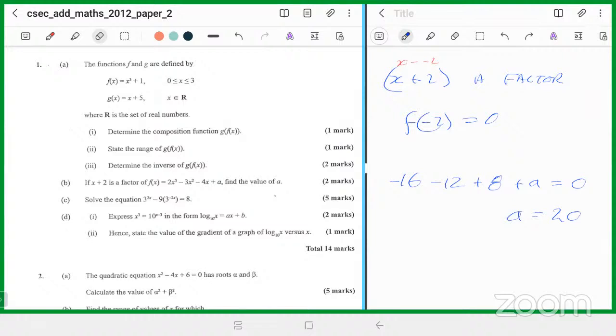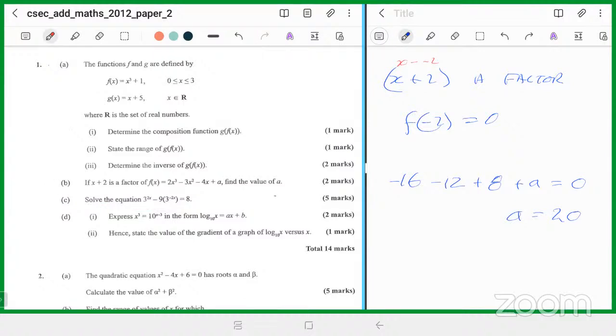Straightforward quadratics, not the quadratic like this one, where we're doing logs and indices. That one comes under the logs and indices topic, even though it's a hidden quadratic, an equation reducible to a quadratic equation.